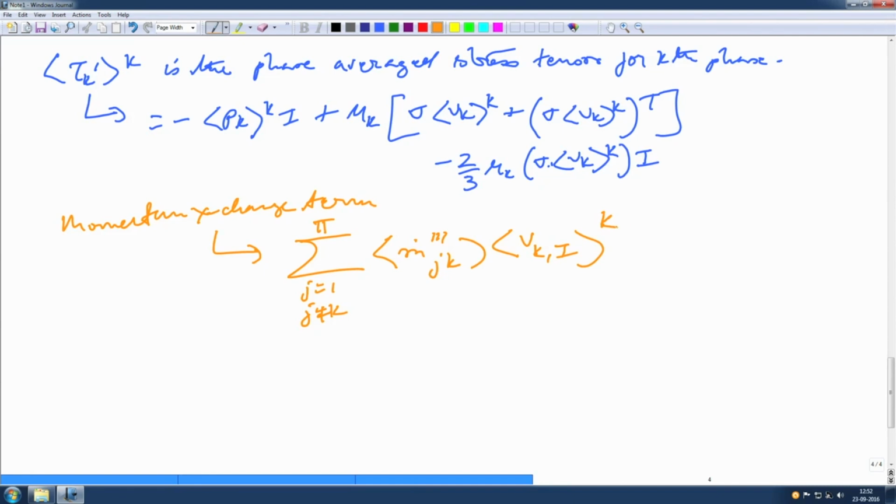Right. So that is the mass that was exchanged, and this is the corresponding velocity at the interface.